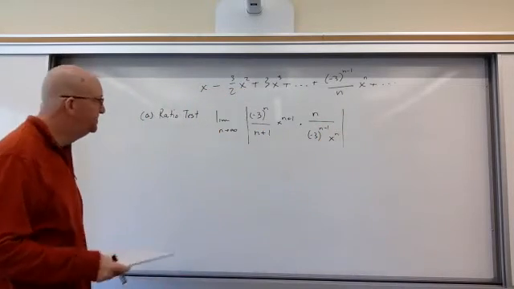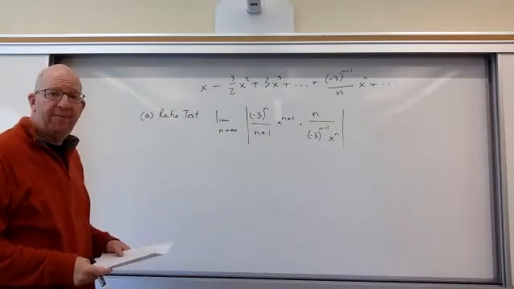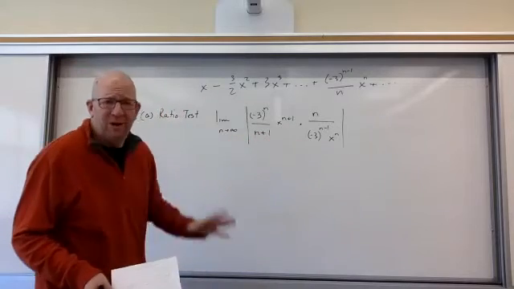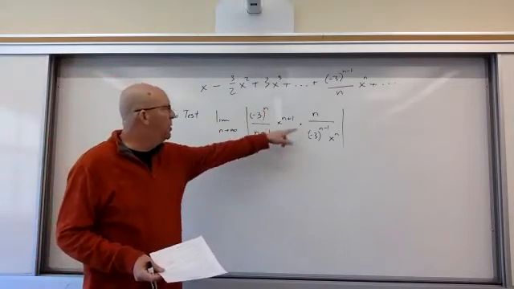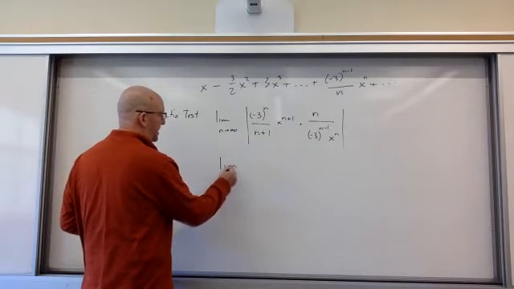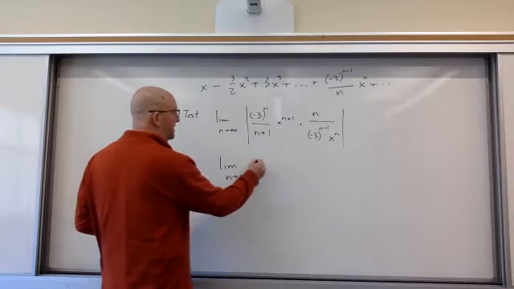Let's see what happens when all that simplifies. Negative 3 to the n over negative 3 to the n minus 1. Think of it in numbers: negative 3 to the 12 over negative 3 to the 11. So this is the limit as n approaches infinity of negative 3.